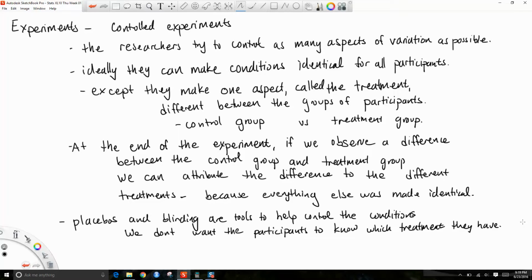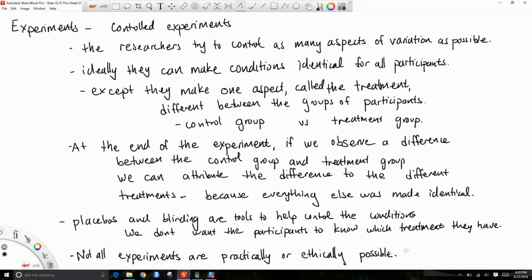Okay, but not all experiments are practically or ethically possible. Because of that, it's sometimes hard to prove certain things.